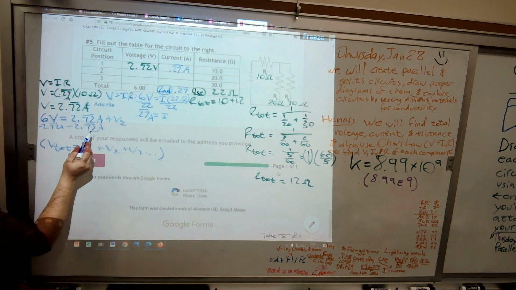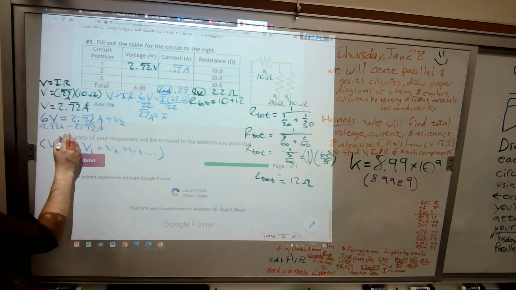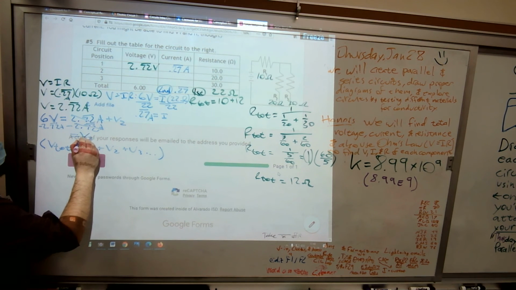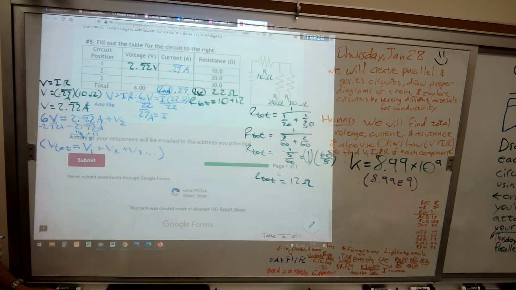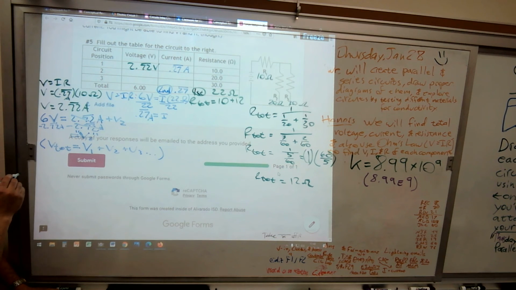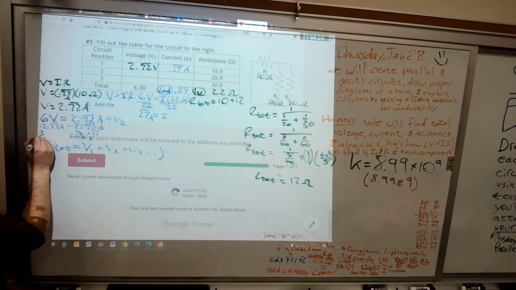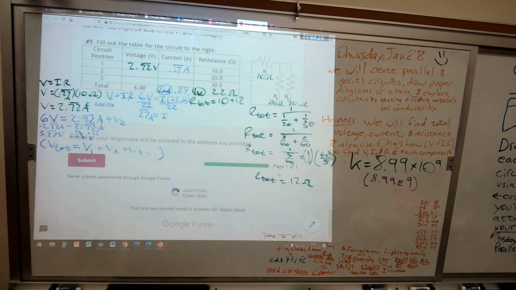And 2.72 minus 2.72 is 0, so those cancel. And whatever we get will be V2, which is just the total over there. We won't be able to write that down because there's two different boxes there, but let's see. So what I get, if I do that, is 3.27. All right.